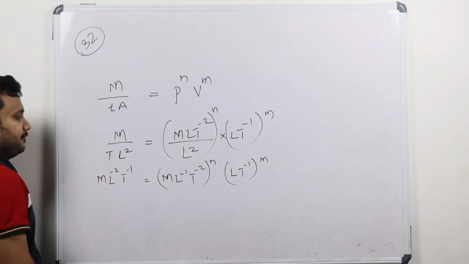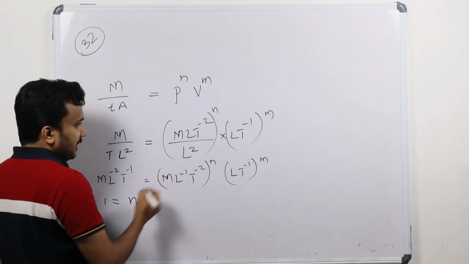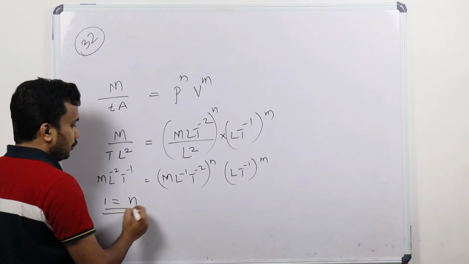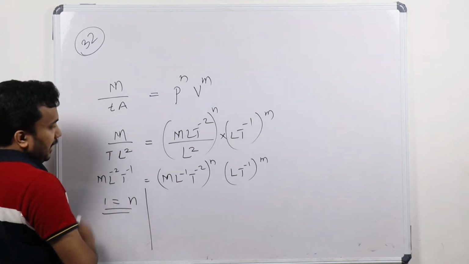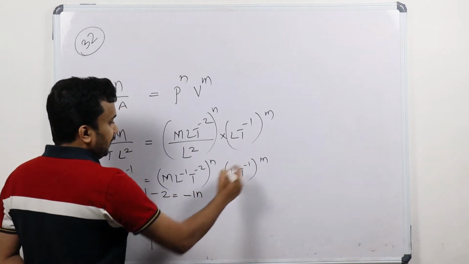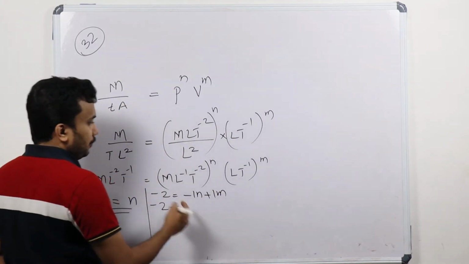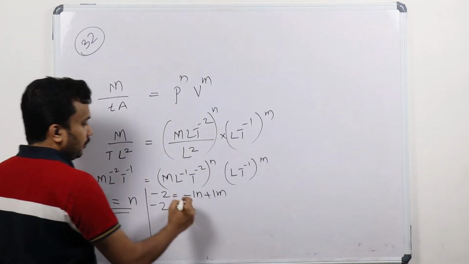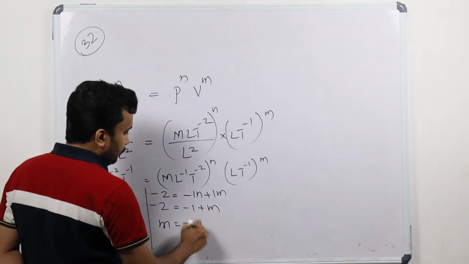We can equate the coefficient of M. Coefficient of M is 1 here, and on the right side it is n. So, n is equal to 1. Now we equate the coefficient of L. So, minus 2 equal to minus 1 times n plus 1 times m. From here, minus 2 equals minus 1 plus m, and m will be equal to minus 1.